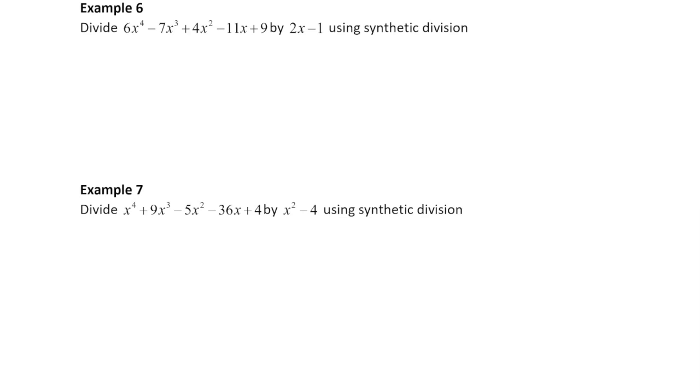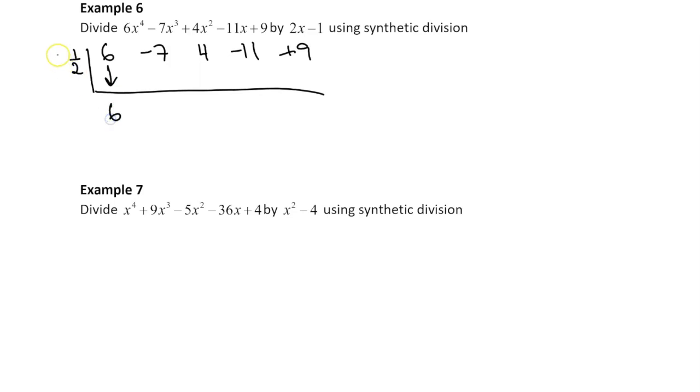So if you're dividing by 2x minus 1, my guess is you would say, well, it makes sense to put a 1/2 right here on the side. And then we would have 6, -7, 4, -11, and 9. And we do the exact same process. Half of 6 is 3.